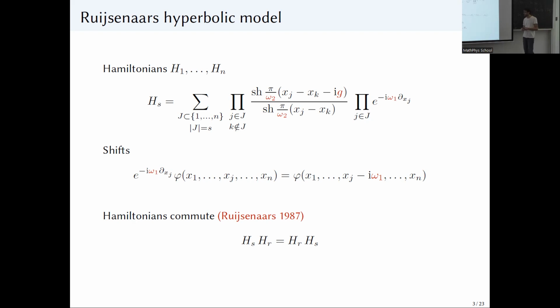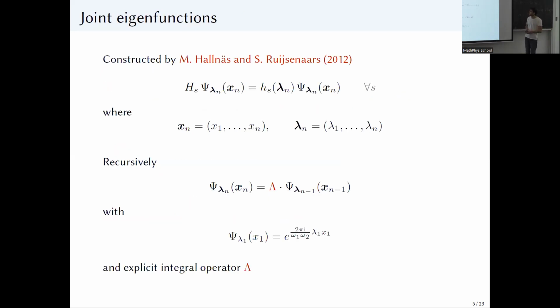This problem of joint eigenfunctions was open for quite a long time, but it was eventually solved 10 years ago by Simon Ruijsenaars himself and by Martin Hallnäs. Namely, they constructed some explicit formula for the eigenfunctions, which is actually, in some sense, similar to the explicit formulas that Nikita was mentioning in the case of the open Toda chain. They were inspired, as they wrote, by the open Toda chain case.